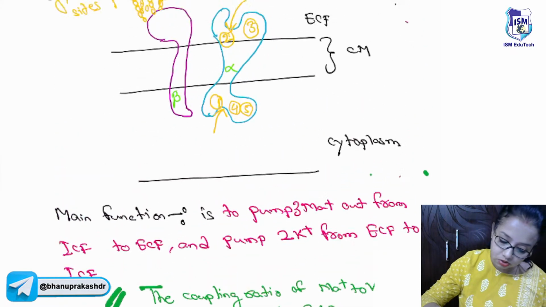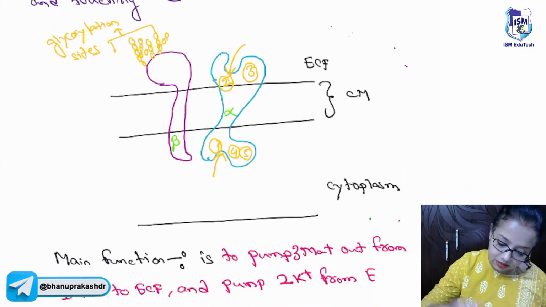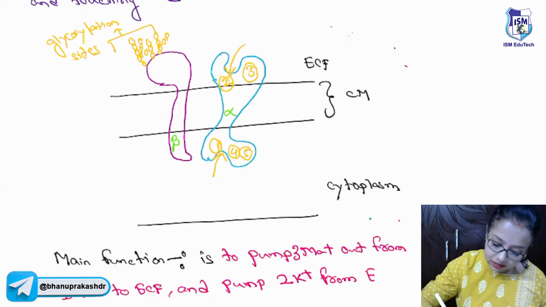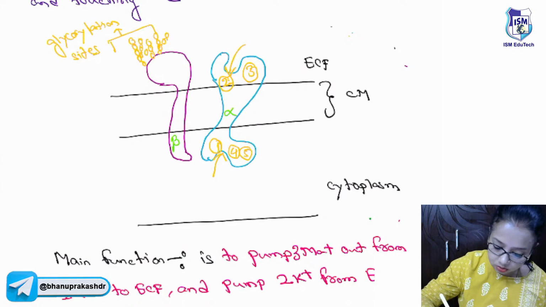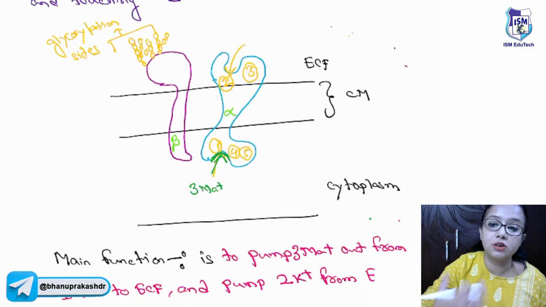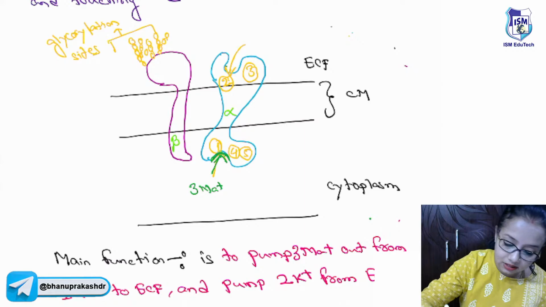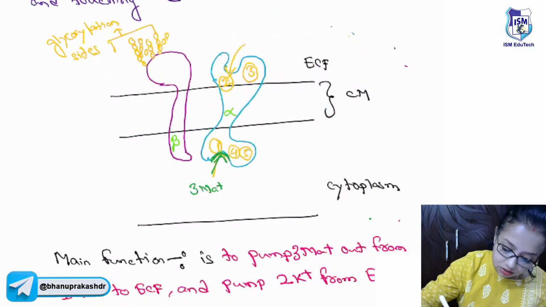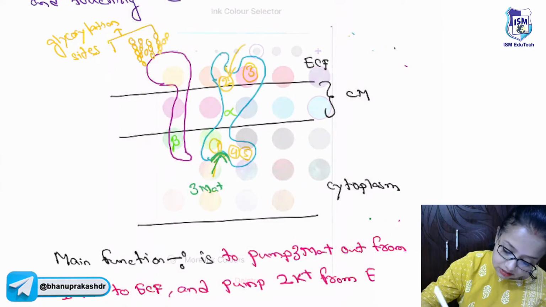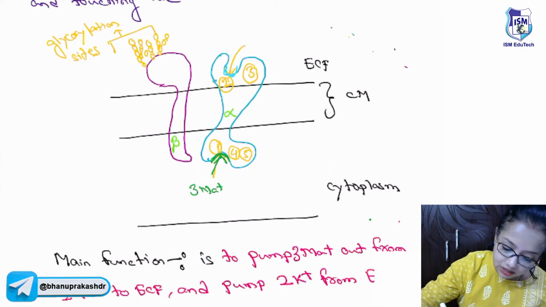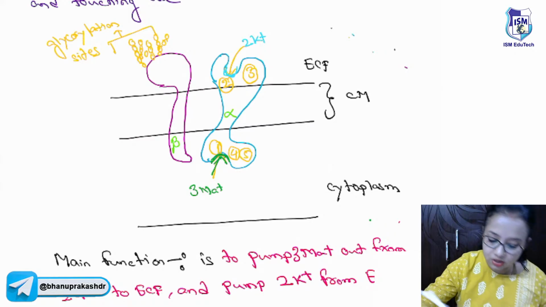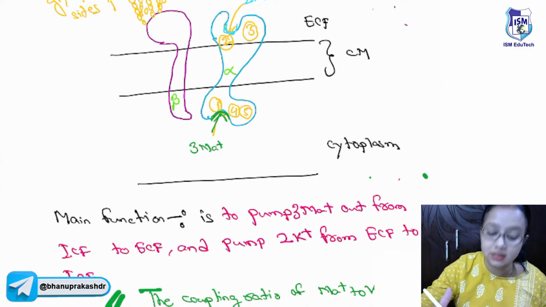Let us understand with the diagram. From inside the cell at site 1, 3 sodium will bind. This is the binding site for sodium. Here 3 sodium will bind, which will be pumped out to the exterior, that is the ECF, and from the other side, this is the binding site for potassium. So 2 potassium will bind to get pumped inside the cell.